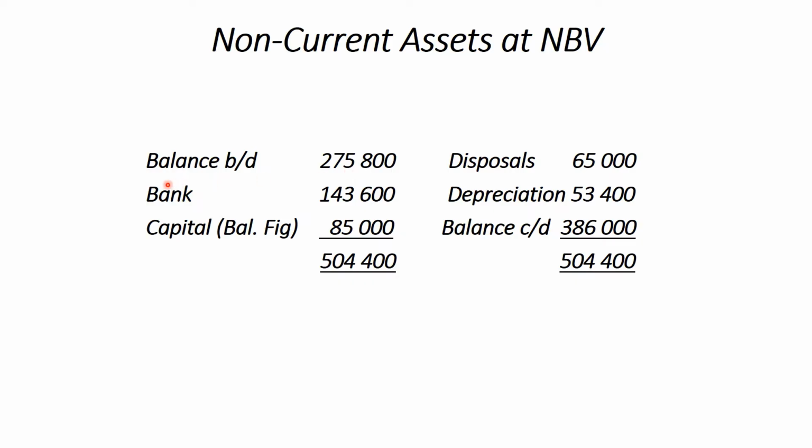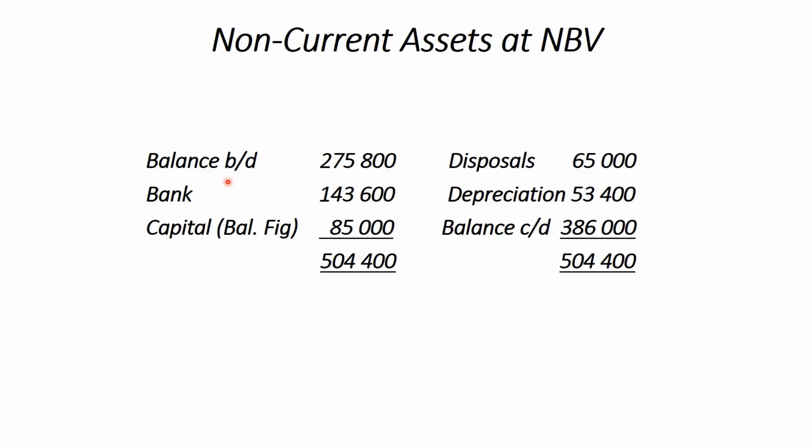Okay, so you notice the balance brought down is 275,800 and the balance carried down is 306,000 from the two balance sheets that are given. Right, the disposals was 65,000 net book value. Depreciation was 53,400.